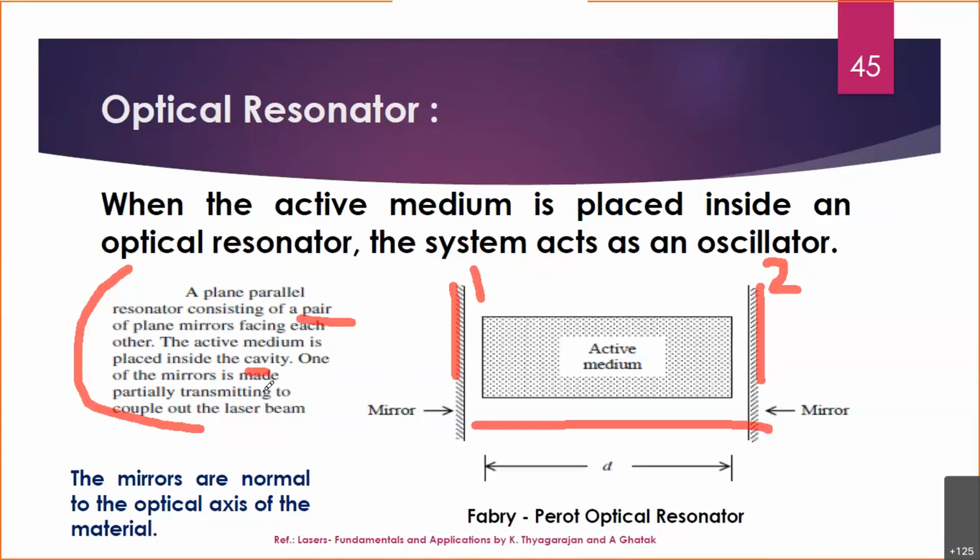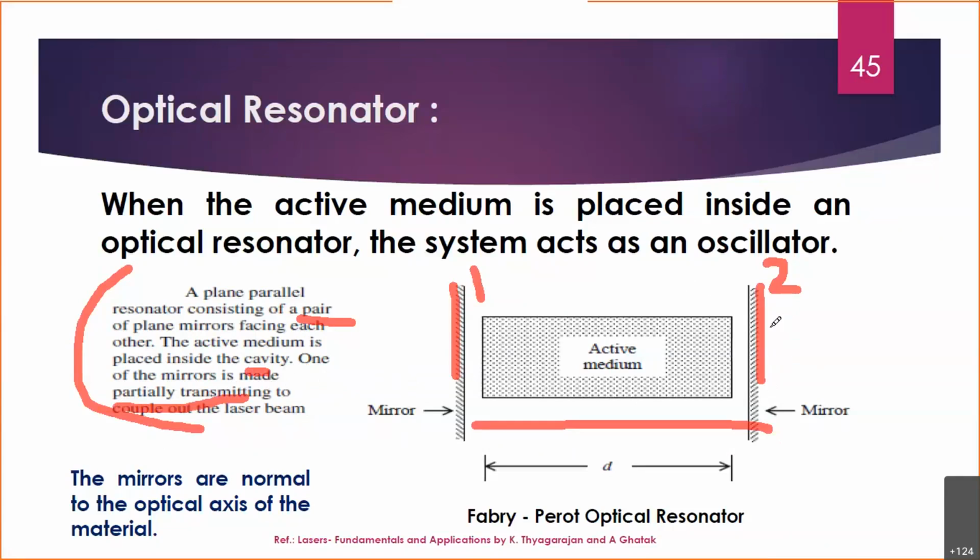And one of the mirrors is made, this is also important to discuss, one of the mirrors is made partially transmitting to couple out the laser beam. If you see, there are two mirrors. One is partially transmitting the light, and the other is almost 100% reflecting.